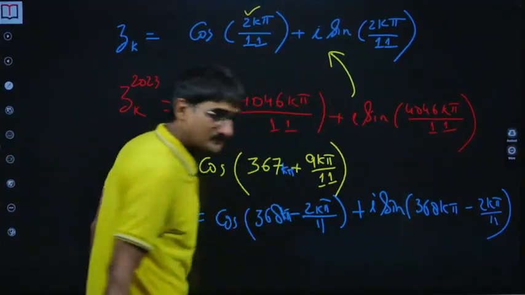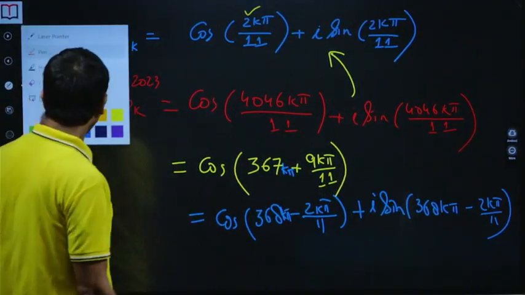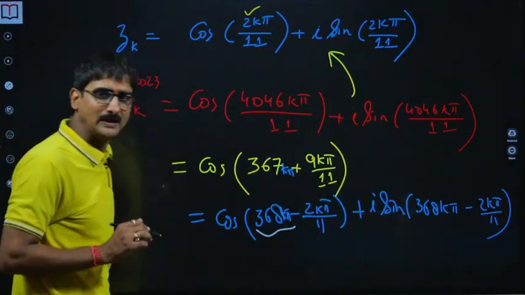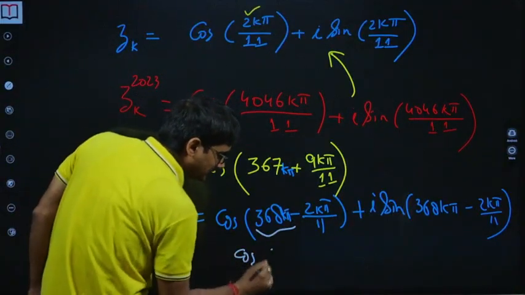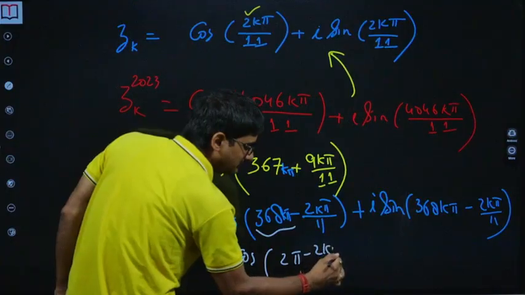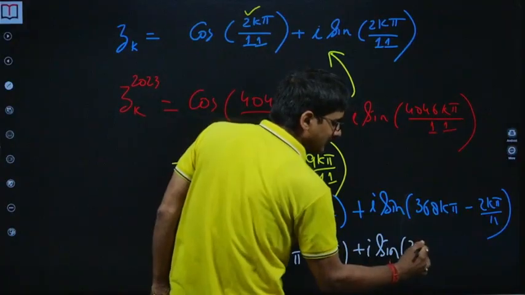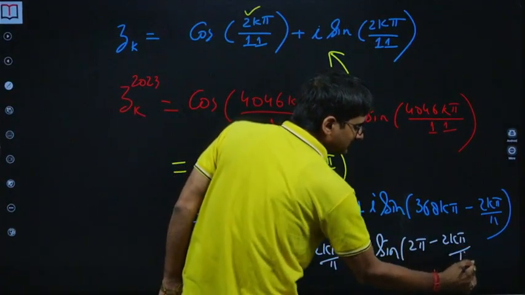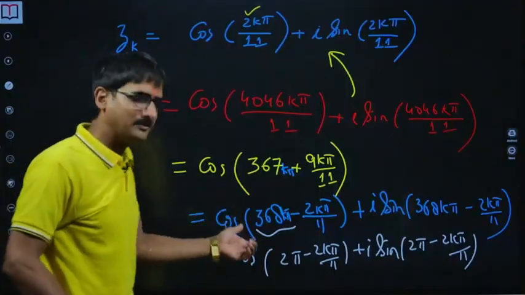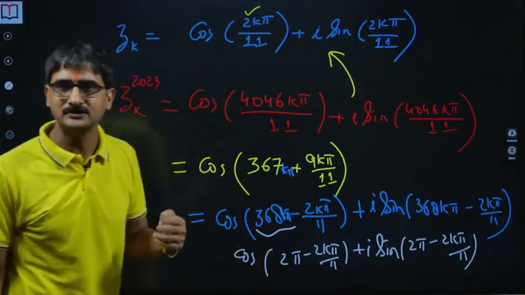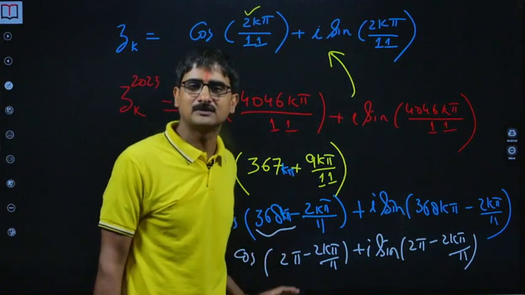Now what? See, since it's an even multiple of pi, I can easily replace it with cos of 2 pi minus 2k pi by 11 plus iota sine of 2 pi minus 2k pi by 11. I think all of you agree, bachcho? We know this? Okay, for even multiple of pi, we compare with the identities related to 2 pi. For odd multiple of pi, we compare it with pi.